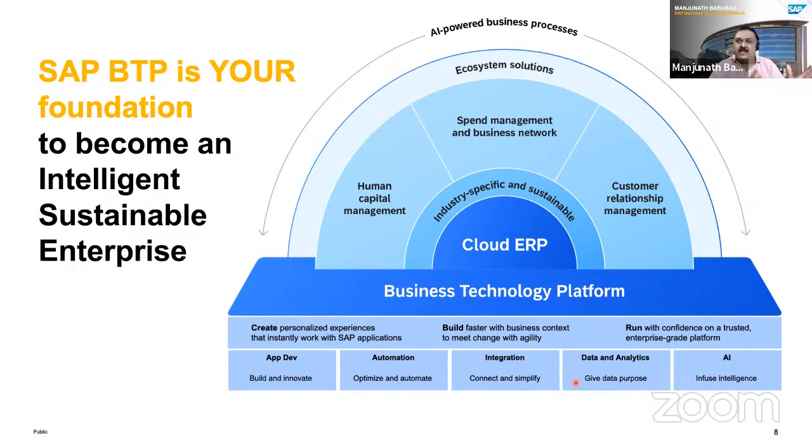So application development is everything that has to do with building new applications and extending existing cloud applications. The automation portfolio is to look at how can I make my business processes more optimized and more effective? Can I automate some of my mundane, manual tasks that are already there? Those kinds of things are what are looked at via the automation pillar of Business Technology Platform.